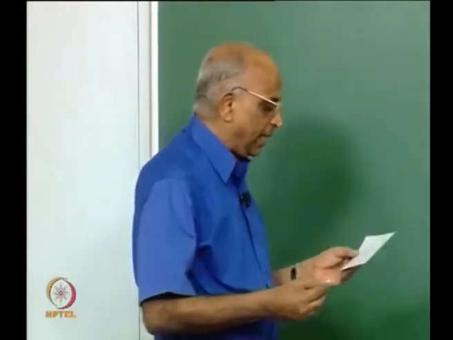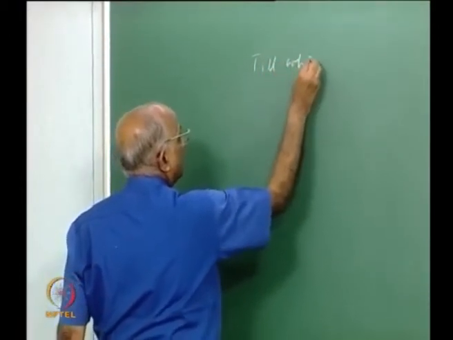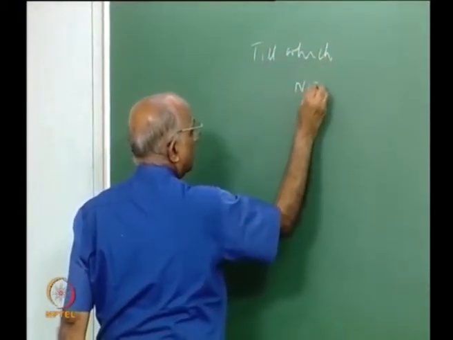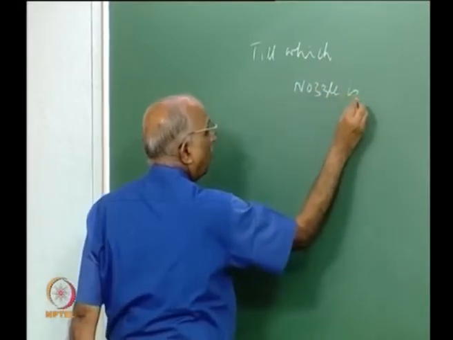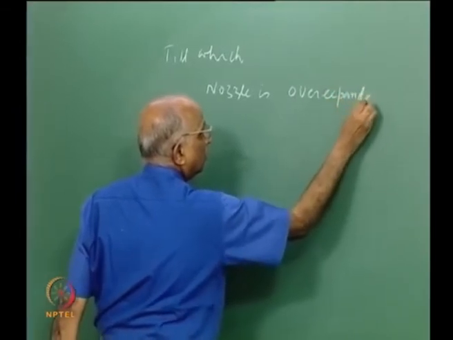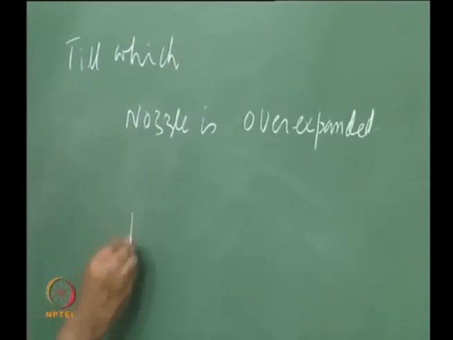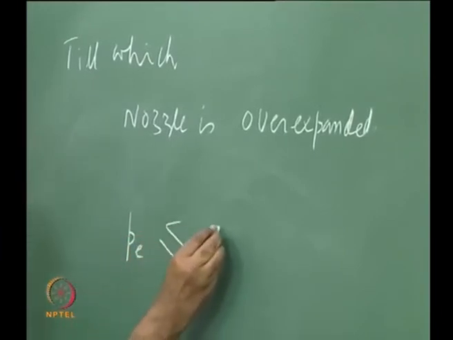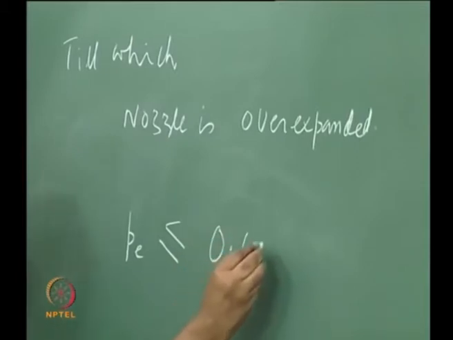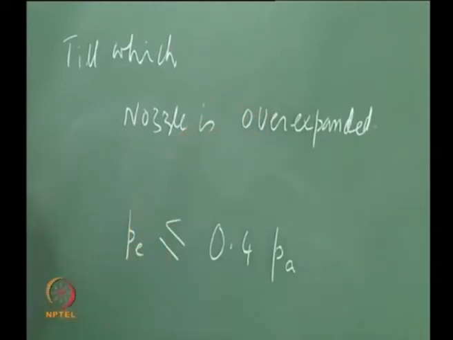We want to determine the altitude till which the nozzle is over expanded. For this, we apply the Summerfield criterion, which states that when the exit pressure of the nozzle is less than or equal to 0.4 times the ambient pressure, then the flow is over expanded, and this we looked at.